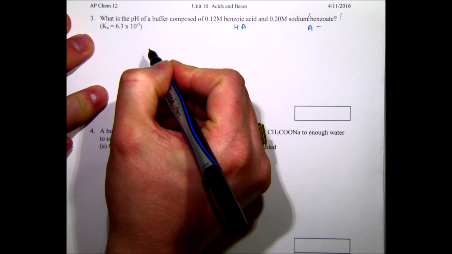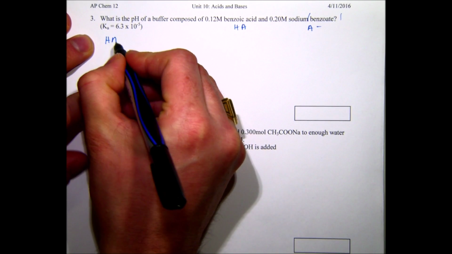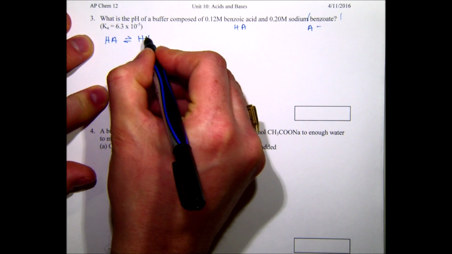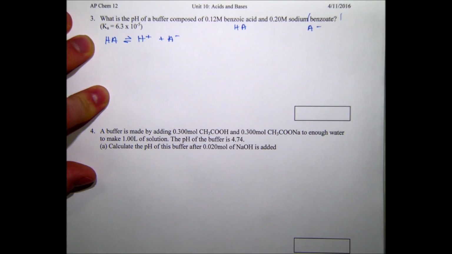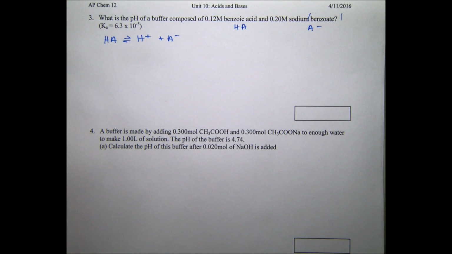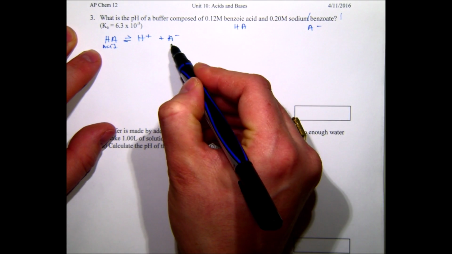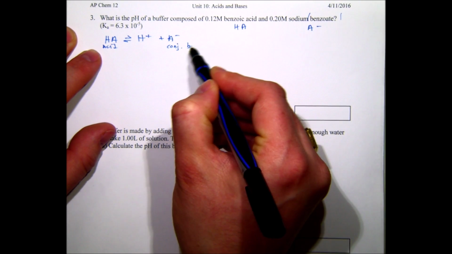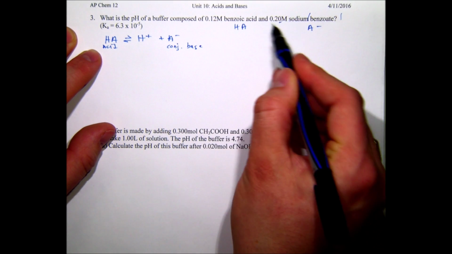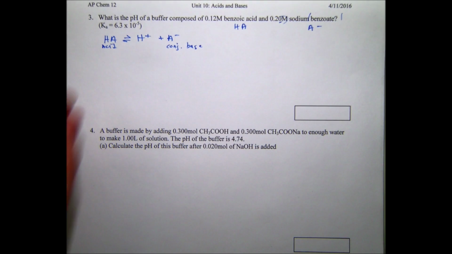So we end up with HA dissociating into H plus A minus. So we have the acid, and A minus is the conjugate base. So this is the concentration of the base, and this is the concentration of the acid.